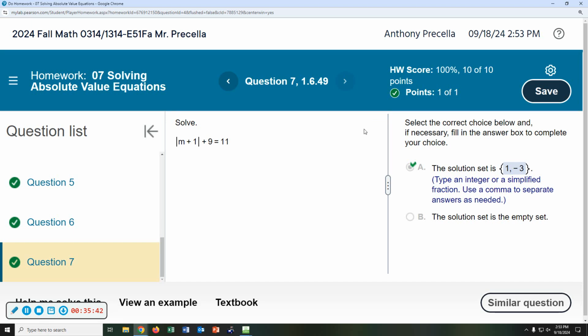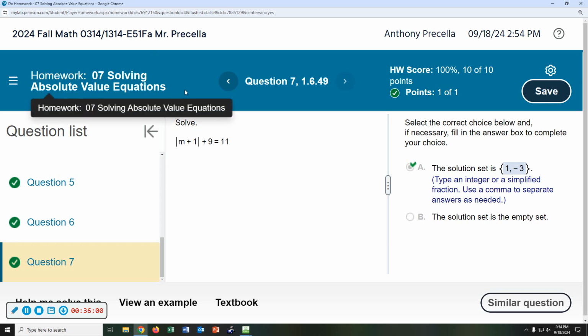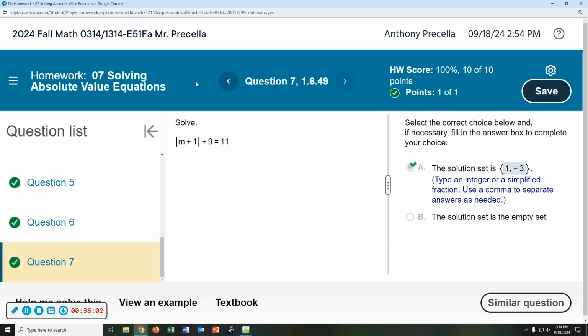An inequality is something that has a less than or a greater than, less than or equal to, or greater than or equal to. The reason we're teaching solving absolute value equations is that the first step to solve an inequality is to solve the equation.